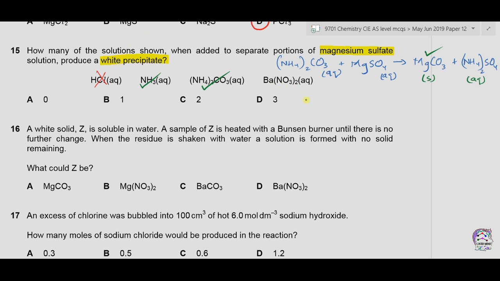Last one is barium nitrate. So let's write the equation of barium nitrate aqueous with magnesium sulfate. It forms barium sulfate and magnesium nitrate.